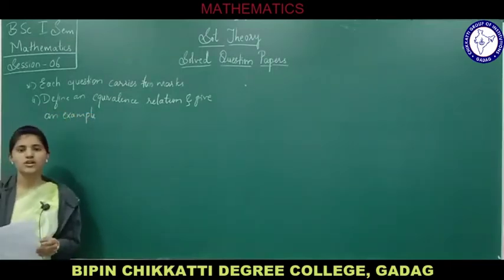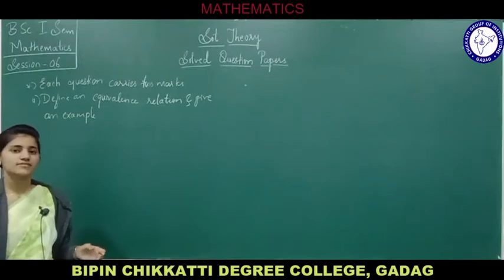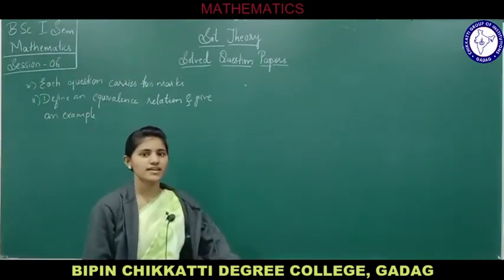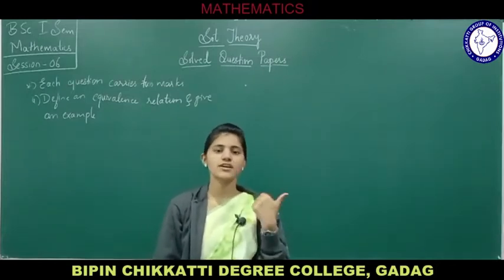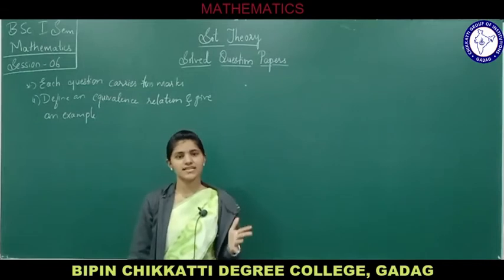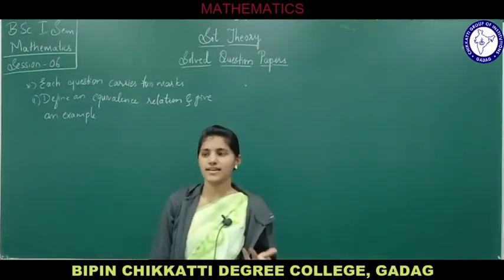What we are supposed to do is define an equivalence relation. We say a relation is an equivalence relation when it is reflexive, symmetric and transitive. Then only we say that the relation R is an equivalence relation.